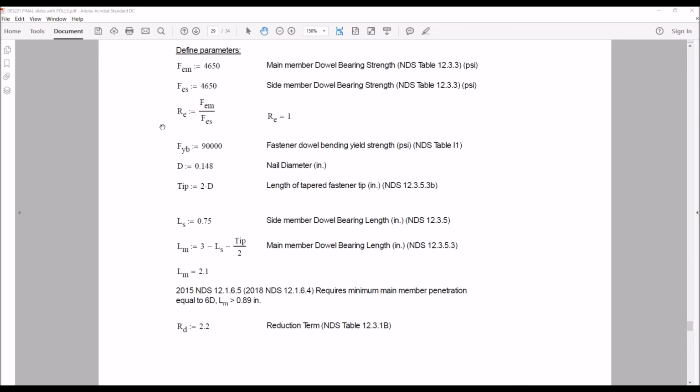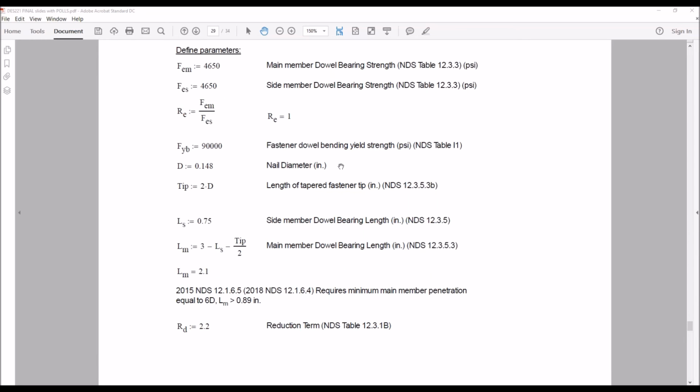The next set of inputs we're going to need are the fastener dowel bending yield strength. That's for the nail, and that's going to come out of NDS table I1, or you can also take a look at technical report 12 for some additional information on some additional types of fastenings for inputs for that.